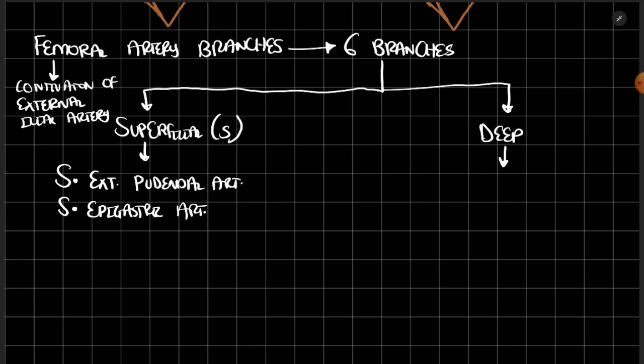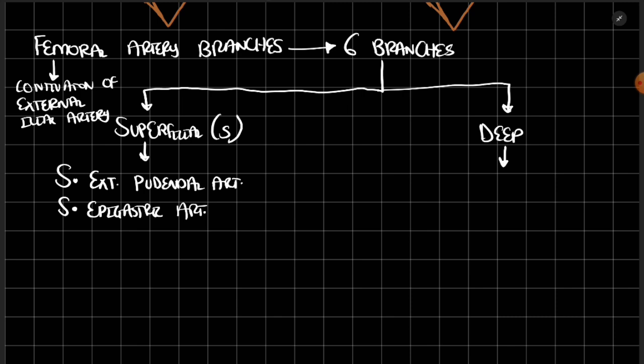I remember it like this: the superior epigastric artery is more superior. It arises from the internal thoracic artery. You know, internal thoracic artery in the sixth intercostal space divides into superior epigastric artery and musculophrenic artery, and this superficial epigastric artery arises from the femoral artery. Okay, so superficial external pudendal artery, then superficial epigastric artery.